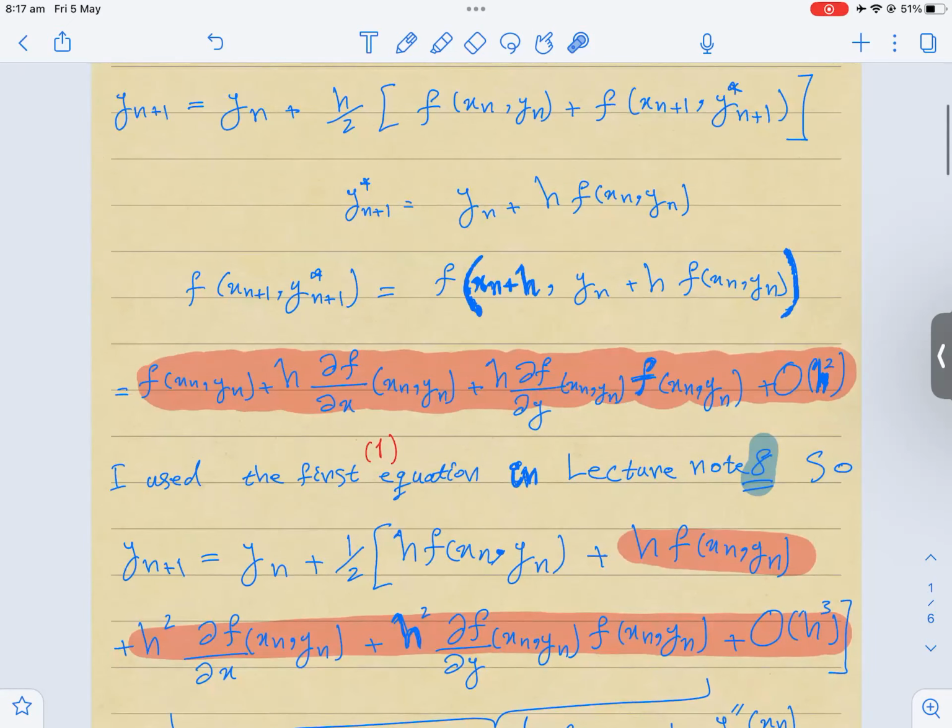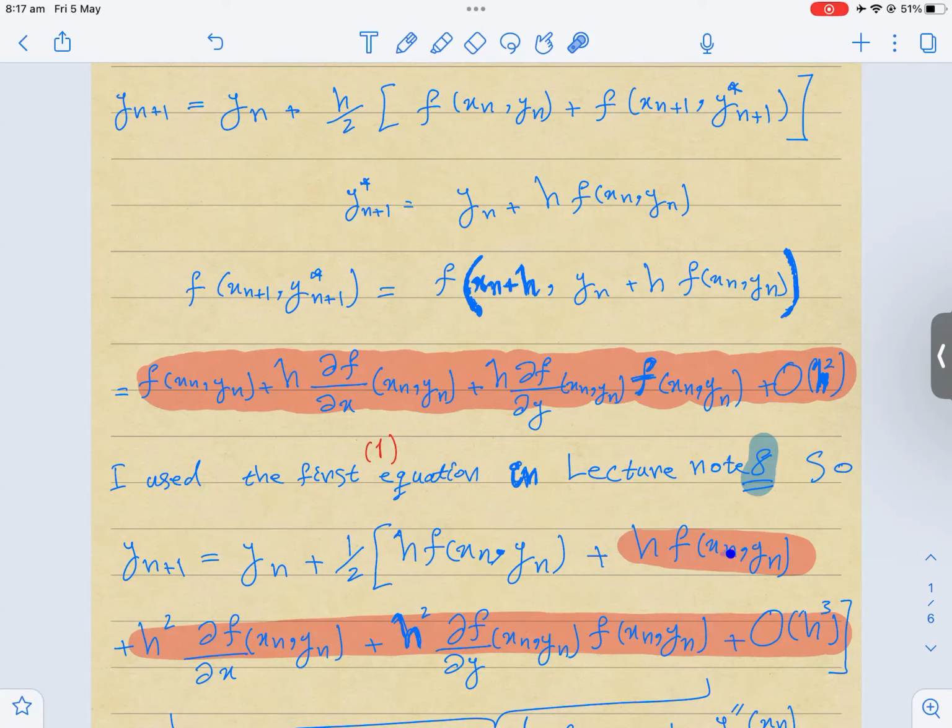Therefore, I can substitute this red expression in here. So y_{n+1} will be equal to y_n plus 1 over 2, and I put h inside the bracket. It will be h times f plus, instead of this term, I write the red one, but I multiplied everything by h.